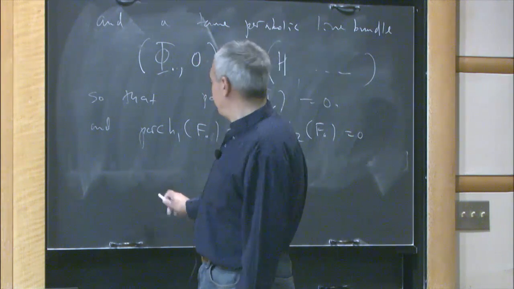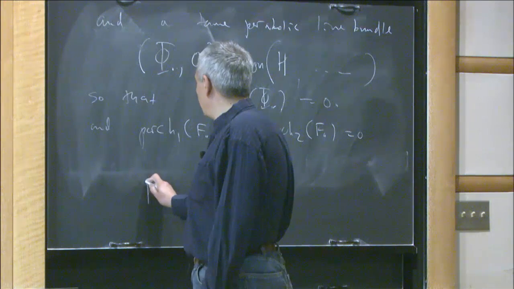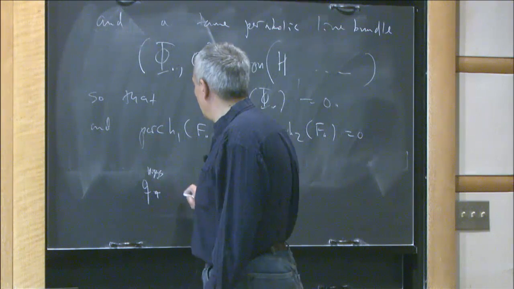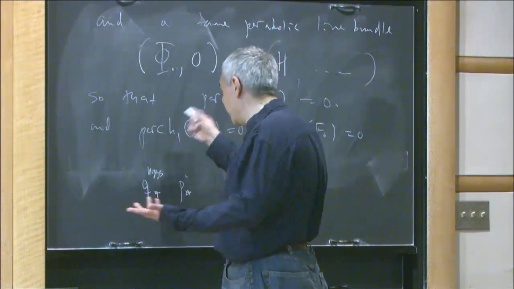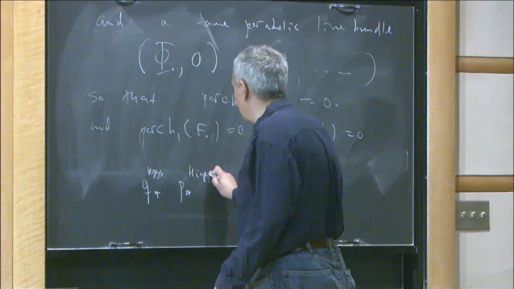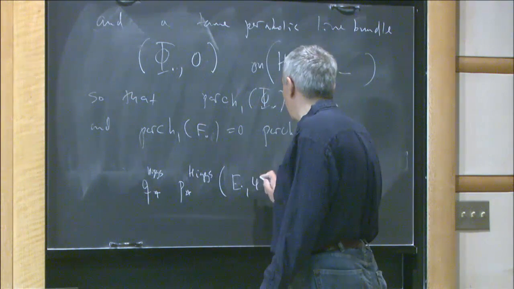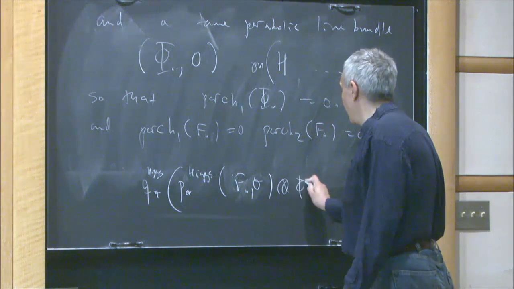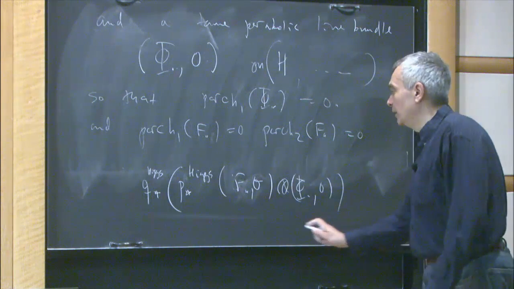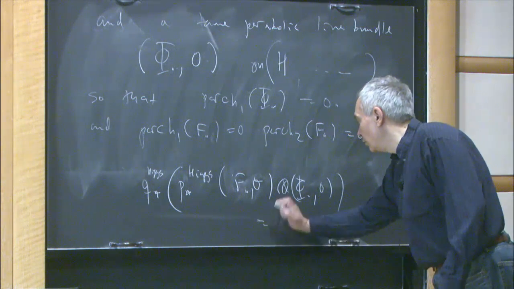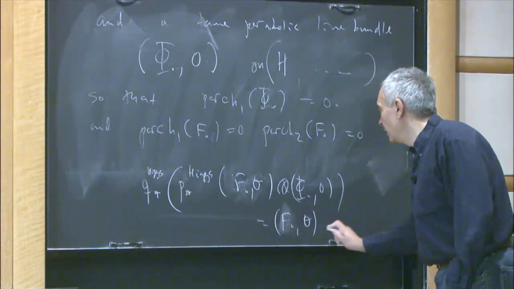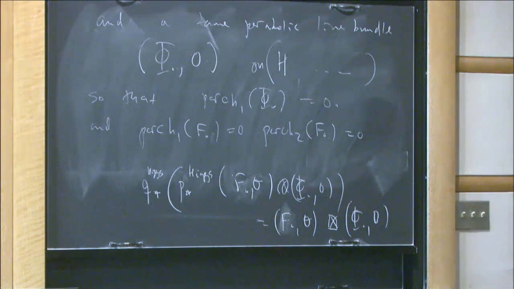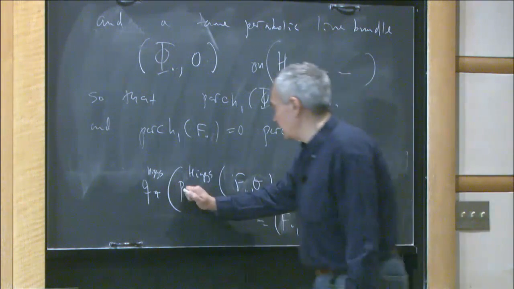And Q lower star in the Higgs world of P upper star in the Higgs parabolic world of E dot phi F dot theta, tensored with phi 0, is equal to F dot theta exterior tensored with phi dot 0. It's a P upper star, right? It's a P upper star, thank you.